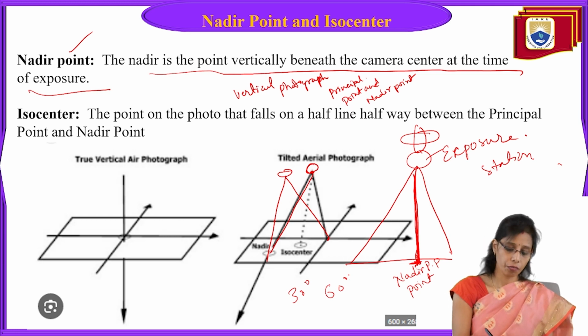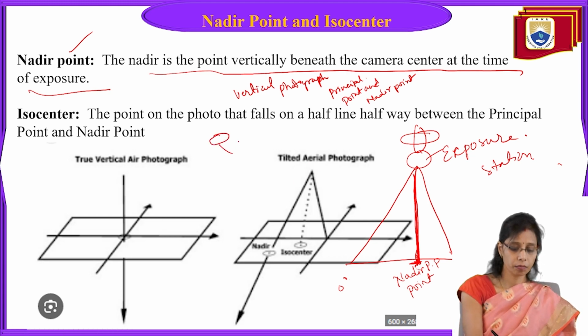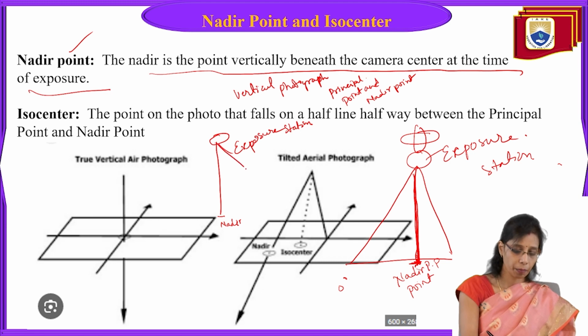Right. So in that kind of photo, for example, here is the exposure station, and here is the nadir, right? So your principal point will be somewhere here.